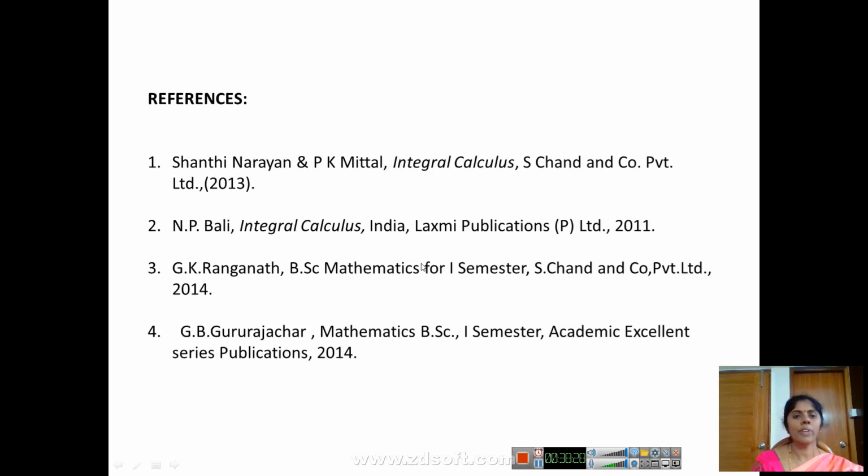So we can learn many such problems in different books, and we can also go through other reference books. That is, one is Shanti Narayan and P.K. Mittal, Integral Calculus, S. Chand and Company Private Limited, and N.P. Bali, Integral Calculus, Laxmi Publications, and G.K. Ranganath, BSc Mathematics for first semester, and G.P. Gururajachar, Mathematics BSc first semester.